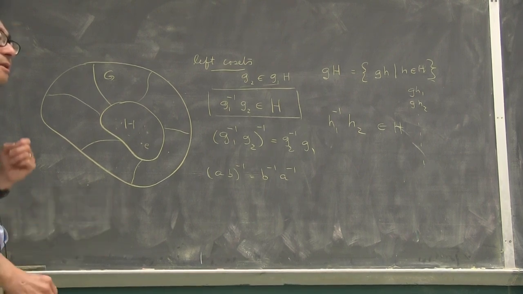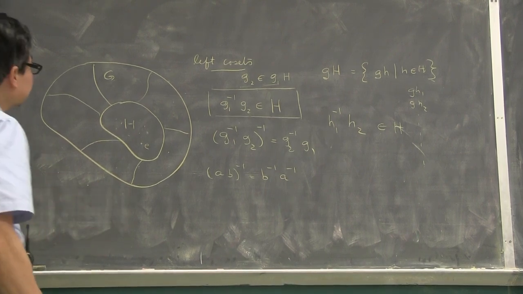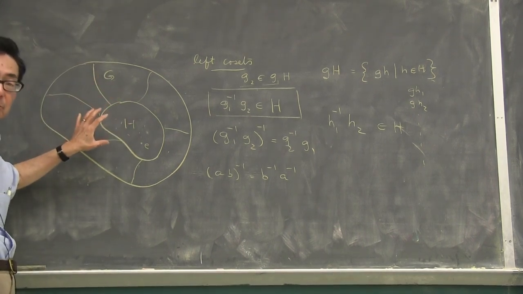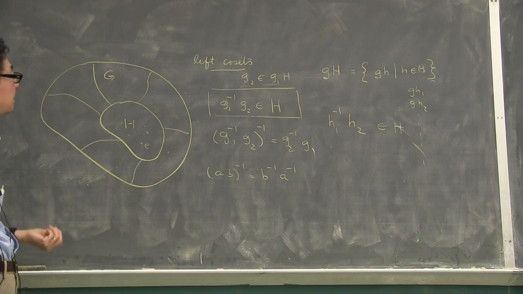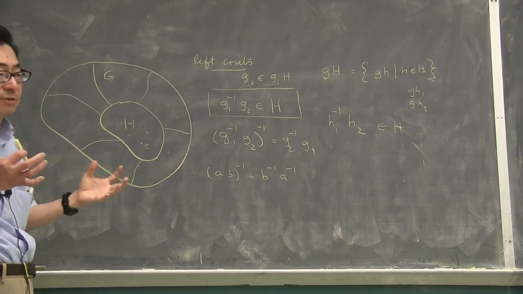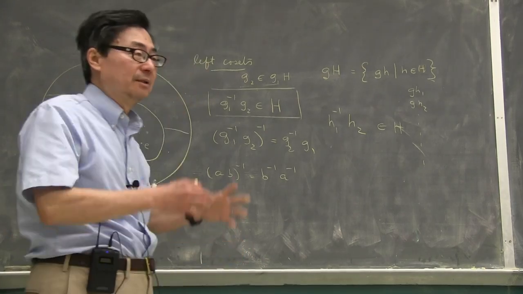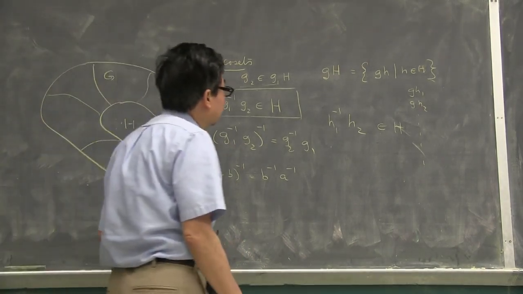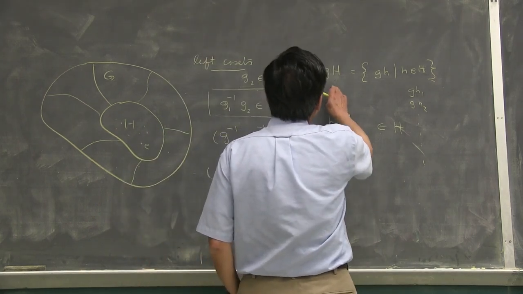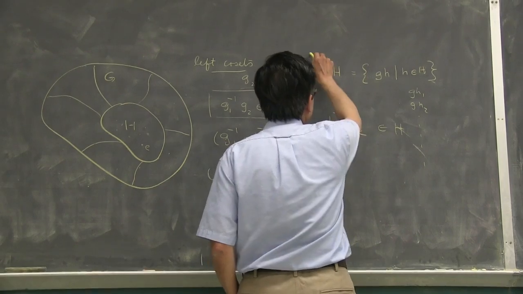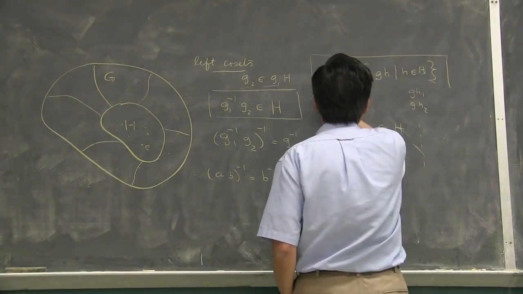As I said, this is an equivalence relationship, so therefore, all the different left cosets must be disjoint. That means that no one single element can belong to two different cosets. Okay? All of those cosets are disjoint. And I think the most usual way probably is writing the coset in this particular way.